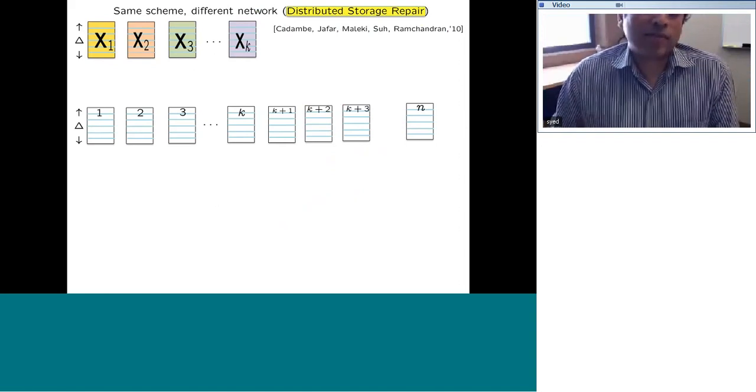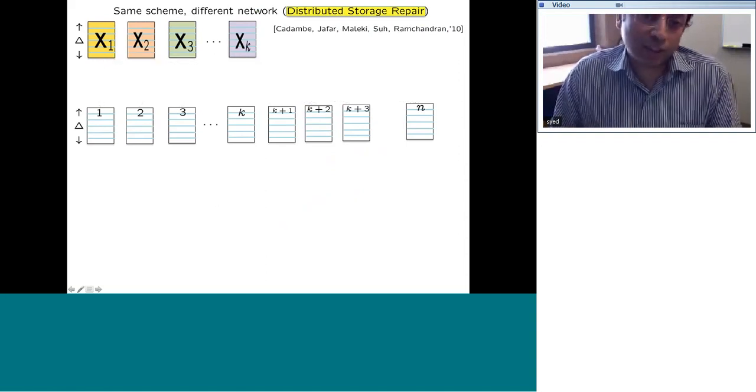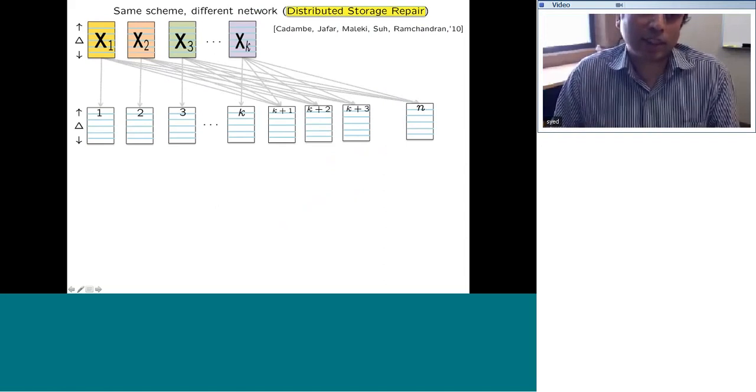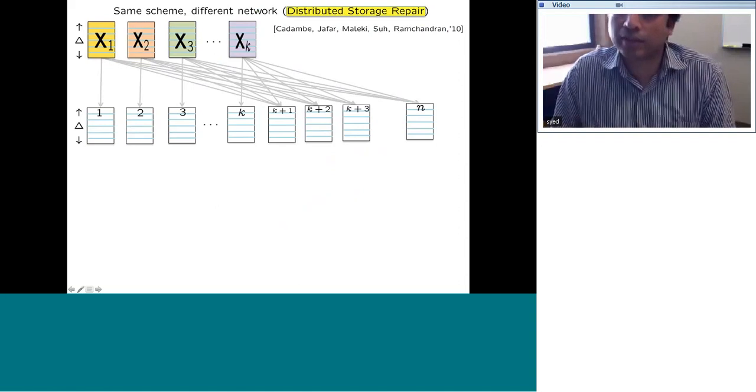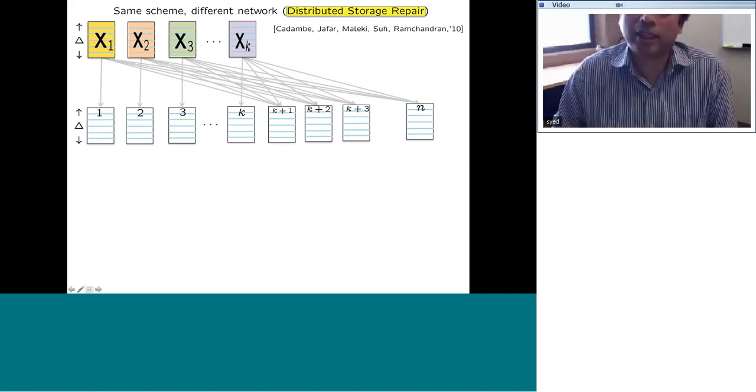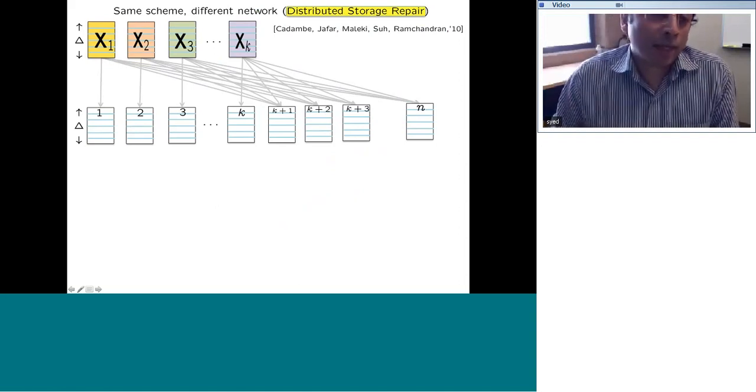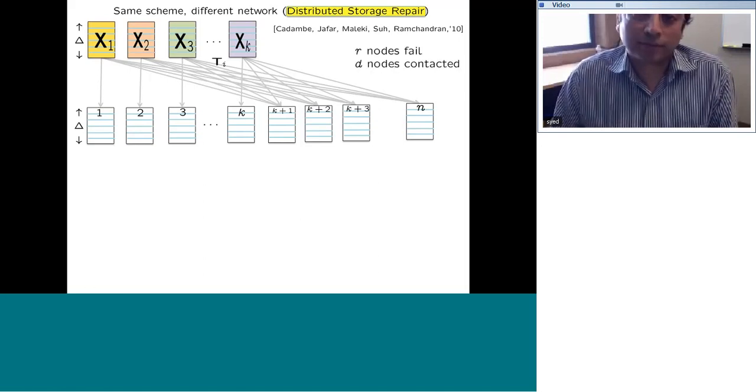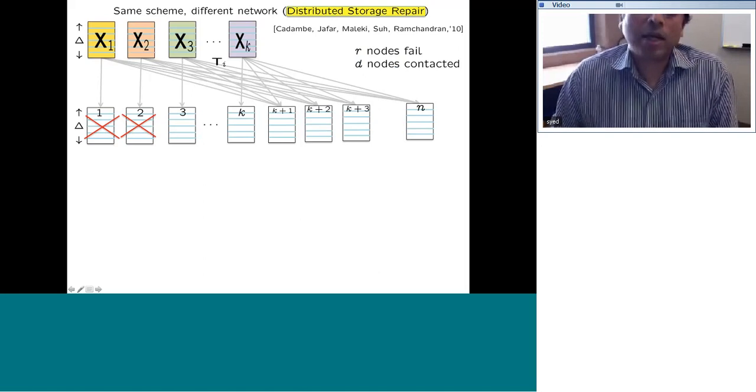The problem is that if some of these stored nodes fail, well, first of all, what is stored here? Well, let's say we can store linear combinations of the data in all these nodes. If the code is systematic, then you will have some of them storing exactly what the data was, and the rest of them will be parities or linear combinations. And then the problem is that suppose some of these nodes fail, which means you lose some of these storage nodes. Let's say you lost nodes 1 and 2. Your goal is now to reconstruct nodes 1 and 2.